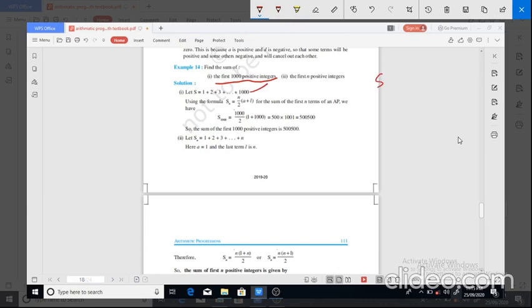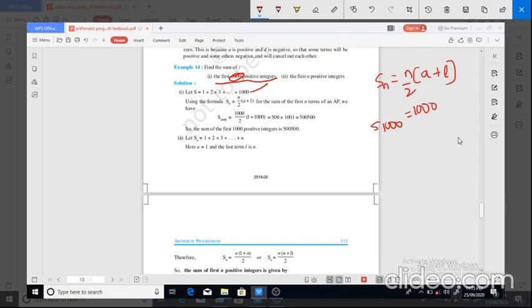When we know the last value, we have to use the formula n by 2 into a plus l. When we know the last term, only then we have to use this formula. Here 100 is the last term, so we directly use this. S100, here n value is also 100.